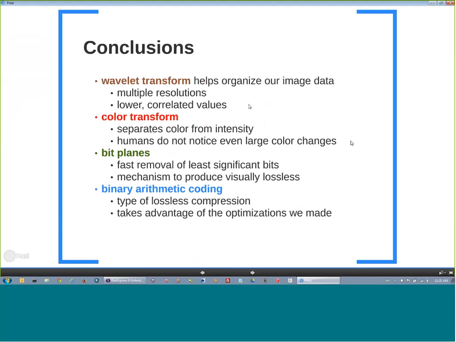So let's start with the Wavelet Transform. The Wavelet Transform basically helps us organize our image data in a very efficient way for compression. It gives us multiple resolutions of the image so that we can have quick zoom-in capability to each different level. When we run the pixels through the Wavelet Transform, we also come out with lower values that are correlated.